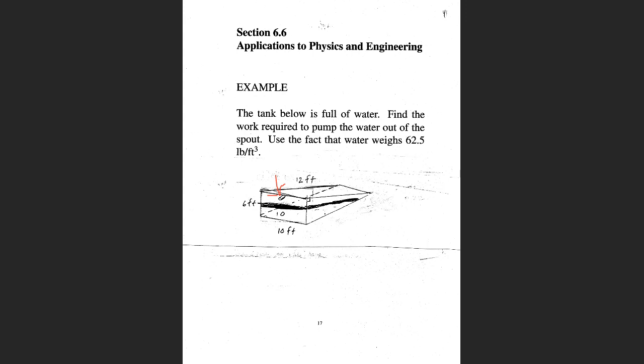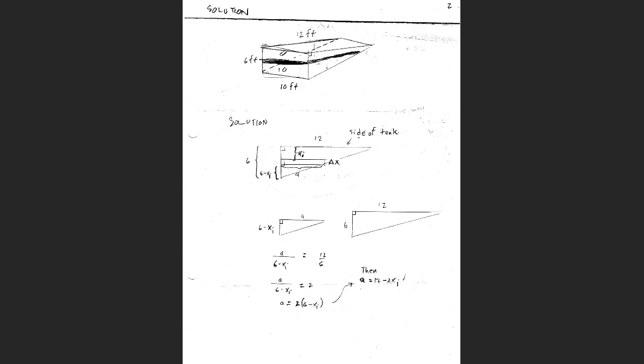If we're going to pump all the water out of the tank, the spout's at the top, that's equivalent to dividing it into a bunch of layers, finding the work needed to bring each layer of water to the top of the tank, and then adding up all those work values. It's the same kind of principle. So let me show you how we'll work this. We'll go to the solution here.